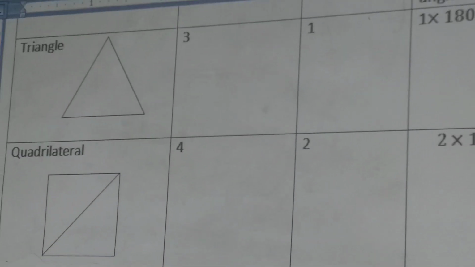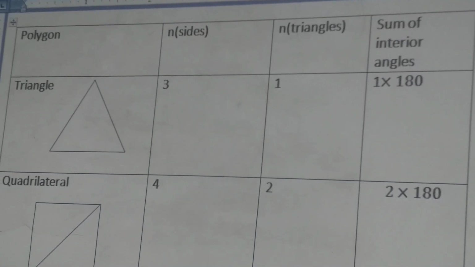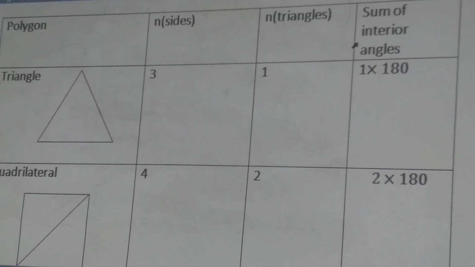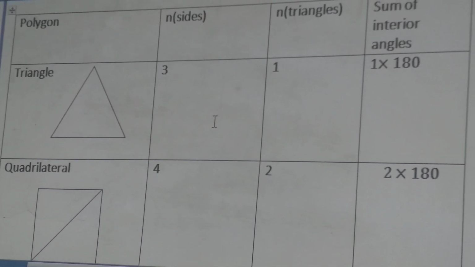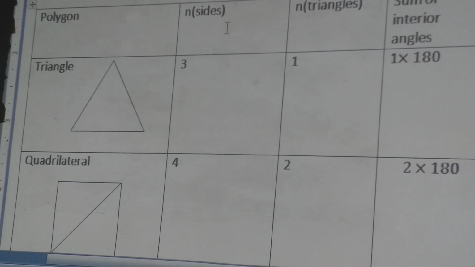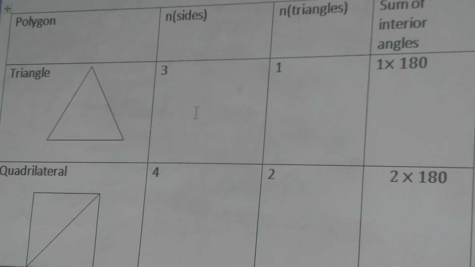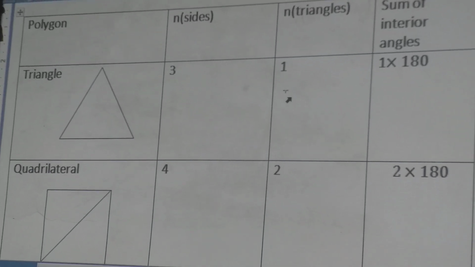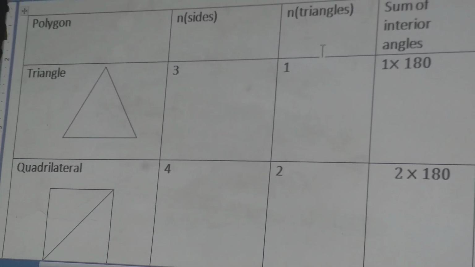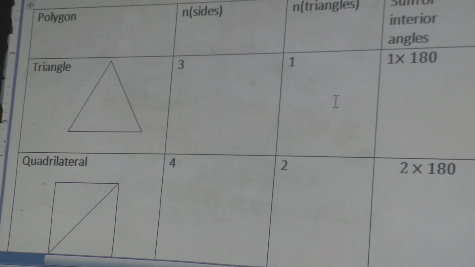Now, let's start on the columns. We want to find out what relationships we can find between any two columns of the table. We want to find the relationship between the column of number of sides and the column of number of triangles.